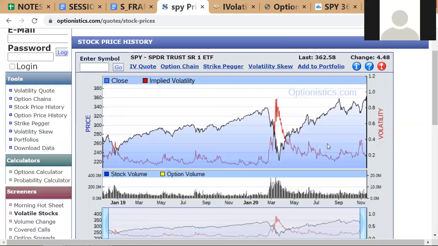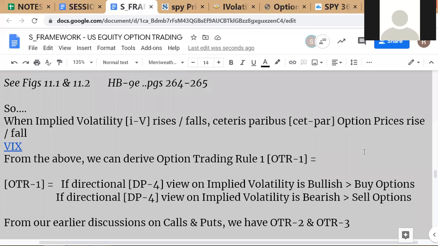Here it is 22.2, around 20%. If it keeps rising to 40%, 60%, then option prices generally are going to rise. So when eyeball rises or falls, option prices will rise or fall.